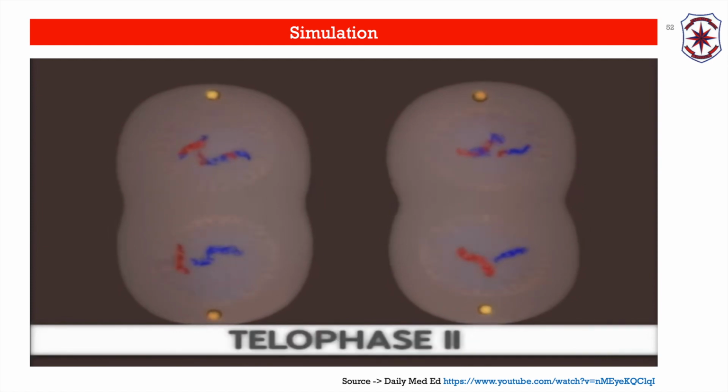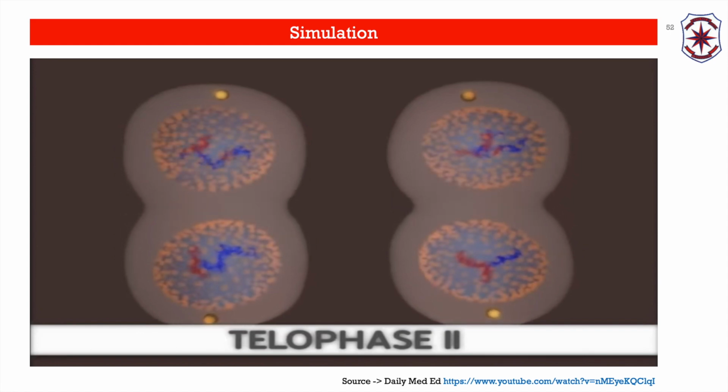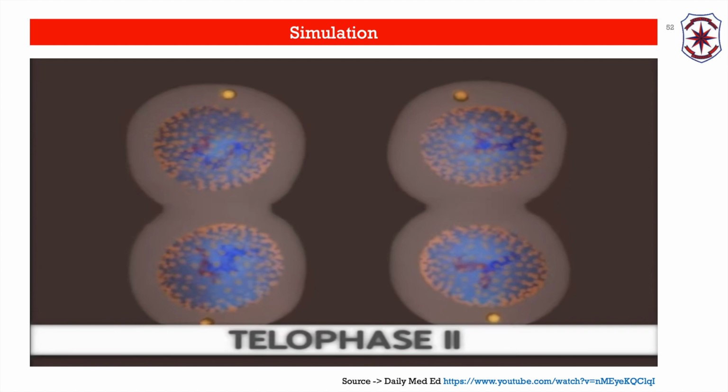And during telophase 2, cytokinesis is going to happen. And the two cells will divide to form two more cells. Okay? Let us check if that is going to happen. Yes, there, cytokinesis is happening.